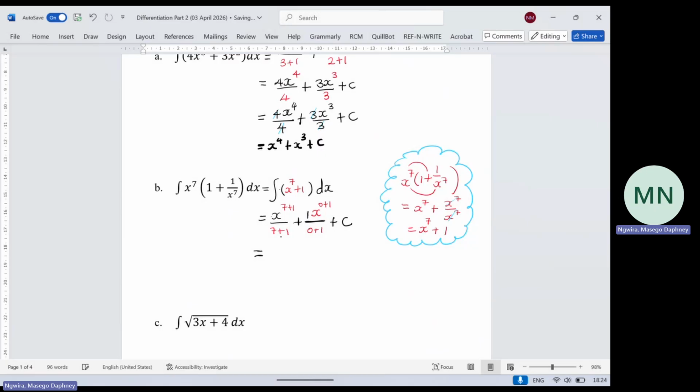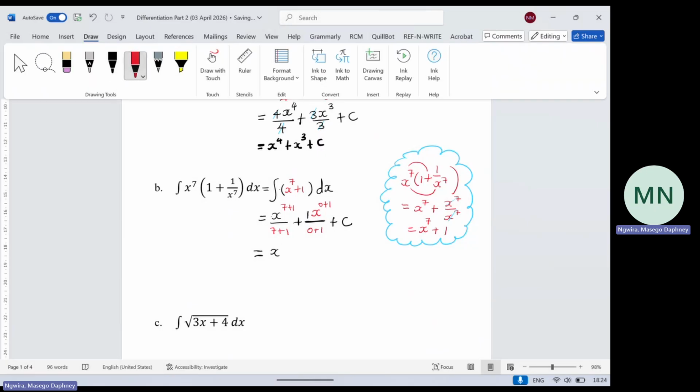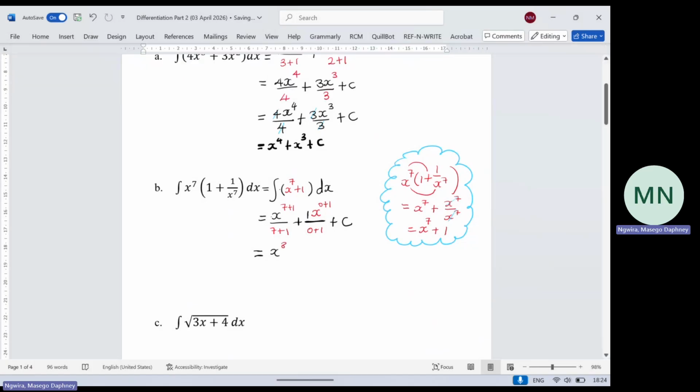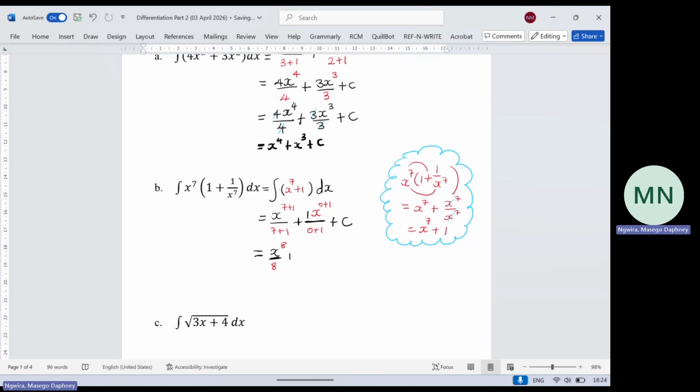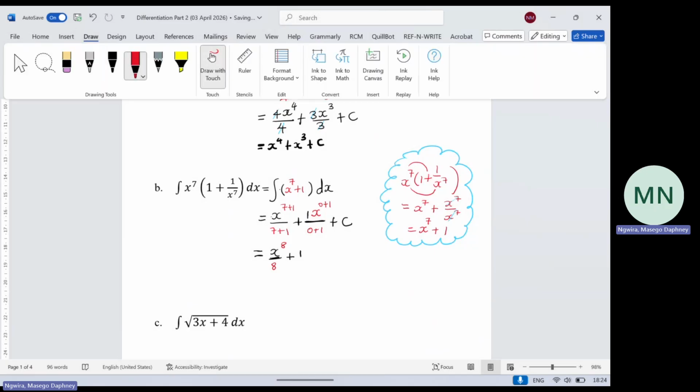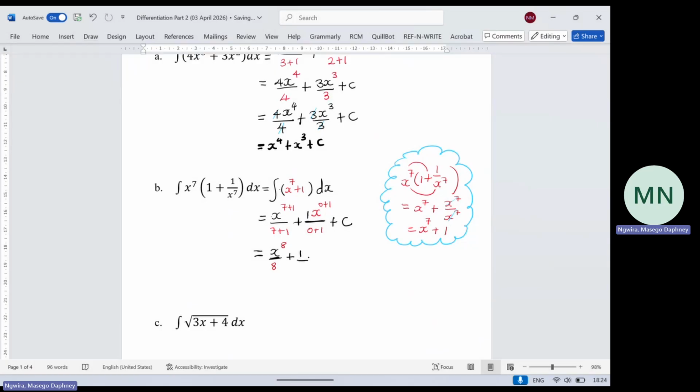So we are going to have x to the power of 7 plus 1 is 8, then over 8. And then we have plus, and then this is 1, just here. Then x to the power of 0 plus 1 is 1.